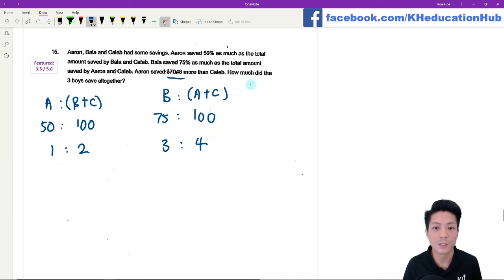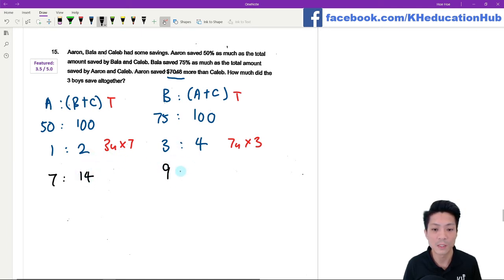Okay, so this question is a constant total, which means that the total amount should be the same. But in this case, now the total they have is 3 units and the total is 7 units. Okay, so I need to multiply by 3, multiply by 7 to the whole ratio to make them the same. So this ratio now becomes 7 is to 14.